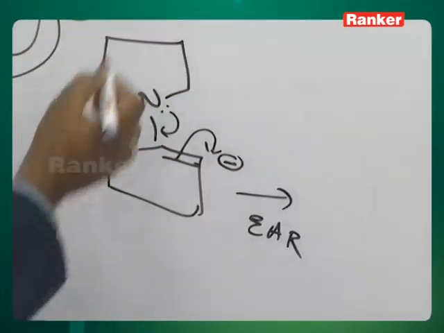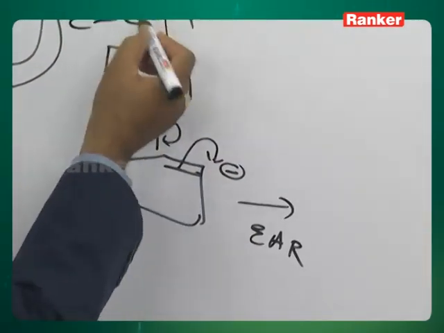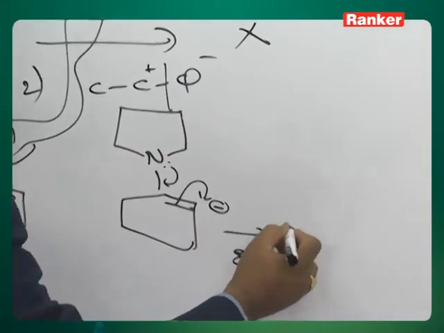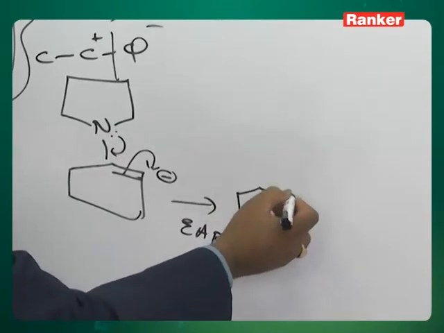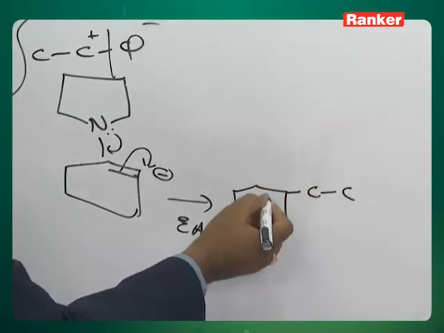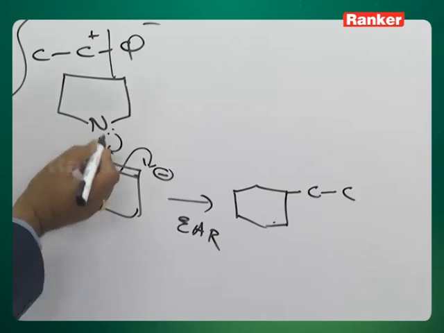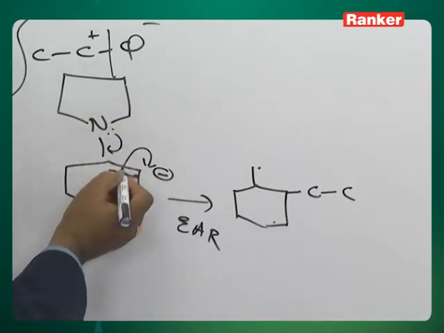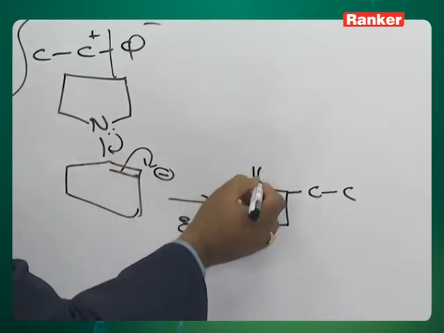So if RX is added, X is minus and R is plus, the R plus will attack here and the X goes here. Finally R, that is your alkyl group, is added here, and if the double bond goes back, you will get an N plus here.